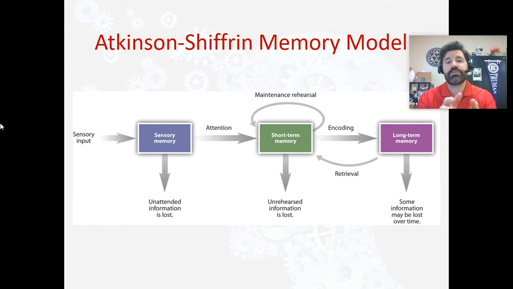Now, there are a couple of types of sensory memory, 2 types to be exact. We have what is called our iconic memory, and iconic memory is for things that are visual. So if you're watching a television show, and all of a sudden the TV turns off, well, for a few seconds you're going to have a very vivid memory of what was on the screen.